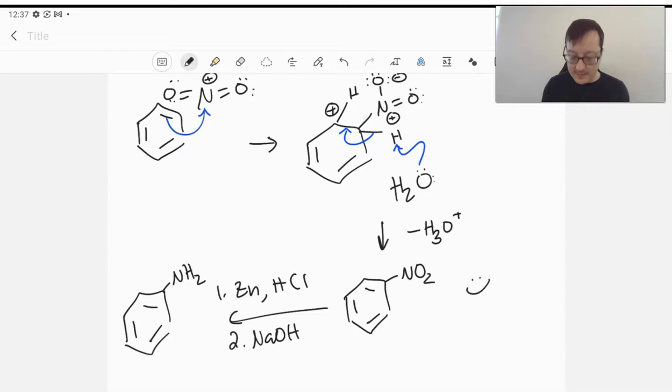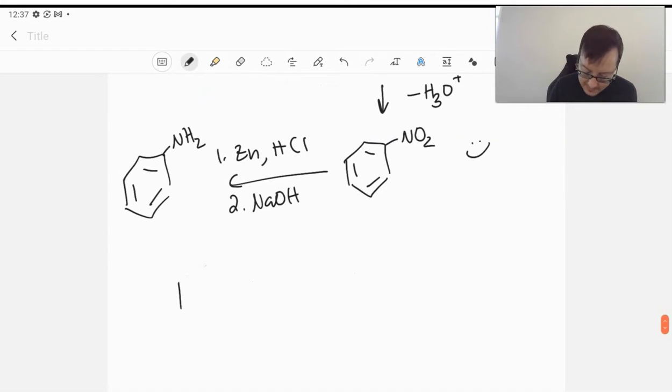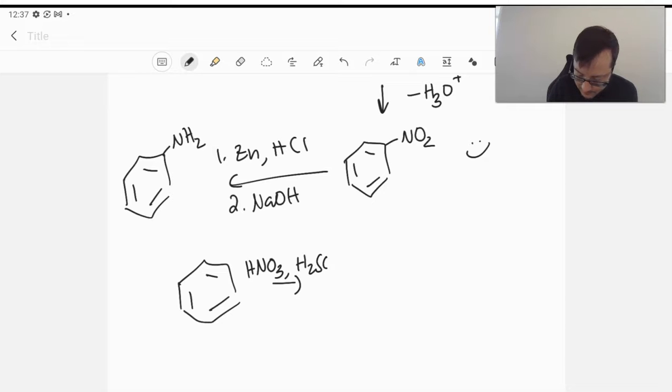And so with this, we can see two kinds of reactions here. In the first, we take our benzene, treat it with nitric acid and sulfuric acid, and we will end up nitrating it.